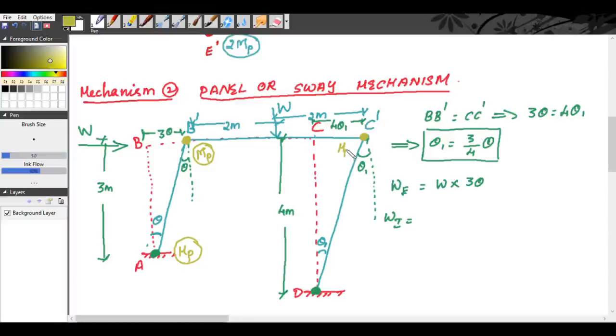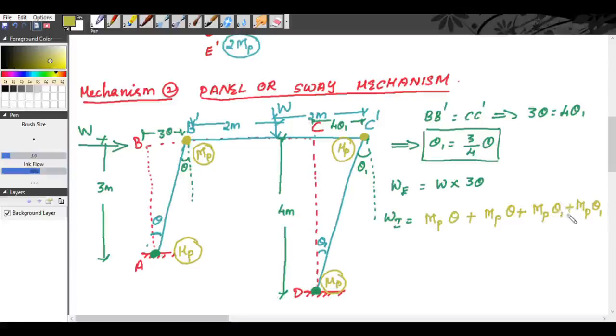So it is MP. And at D, the plastic moment is MP. So our internal work done is equal to, at A, plastic moment is MP into rotation is theta, plus at B, the plastic moment is MP and the rotation is theta, plus at C, the plastic moment is MP into rotation is theta 1, plus at D, the plastic moment is MP into rotation is theta 1.